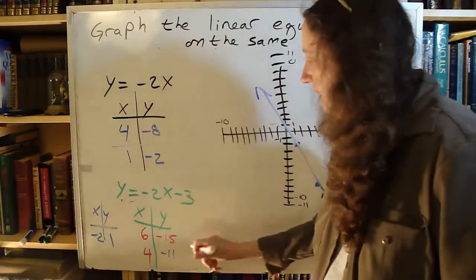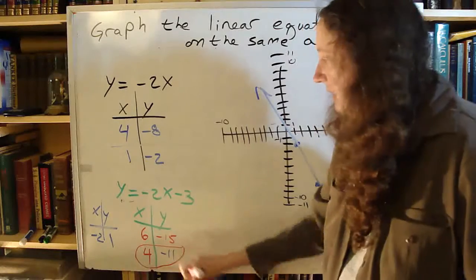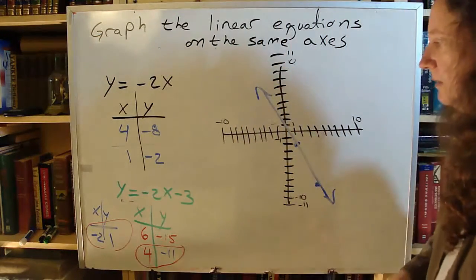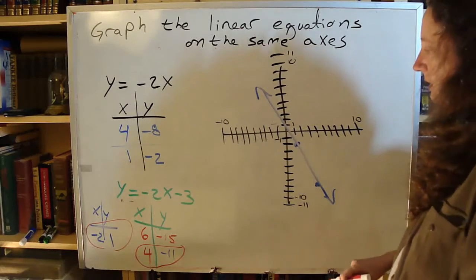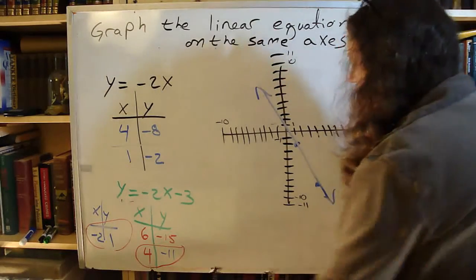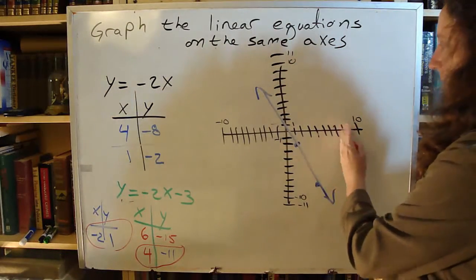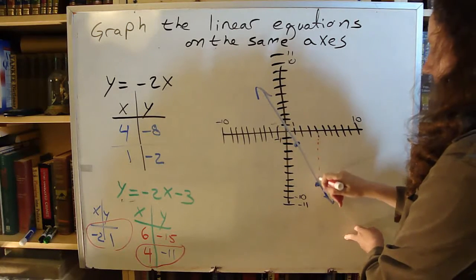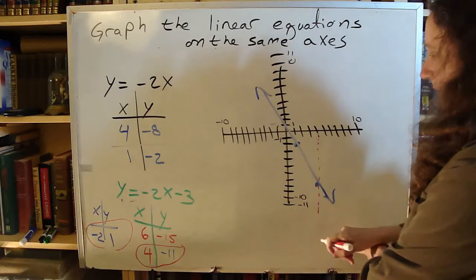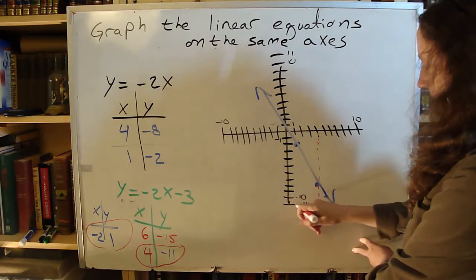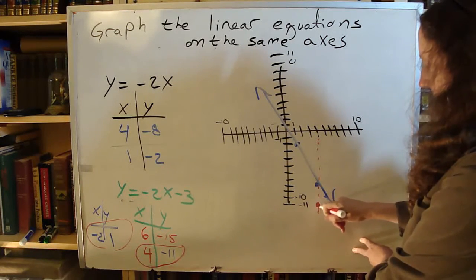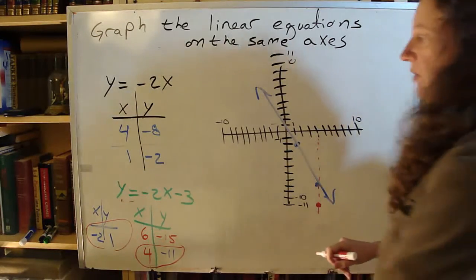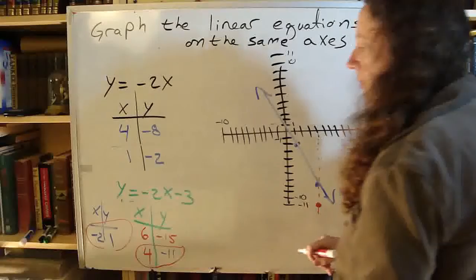So I am using the 4 comma negative 11 and the negative 2 comma 1. So I start with the 4 comma negative 11. That's 4 in my x direction, 1, 2, 3, 4. And I'm going in the negative direction down here. Negative 11, that's right here. So there is my dot. Second point, negative 2 comma 1.